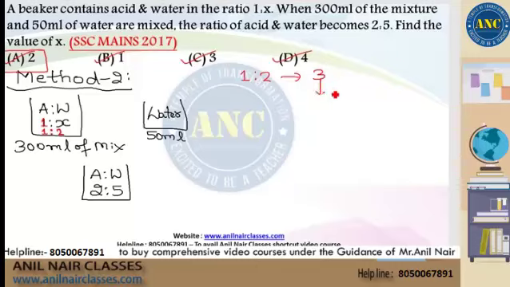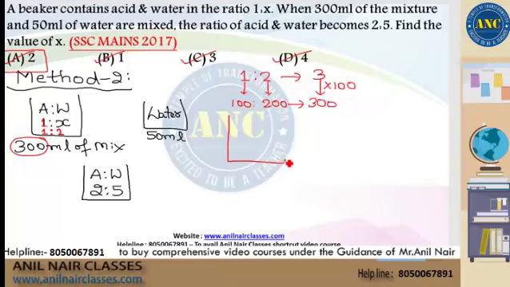But the question says the total mixture in the first vessel is not 3 ml, it is 300 ml. So multiply 3 by 100. 3 into 100 is 300, 1 into 100 is 100, 2 into 100 is 200. That means in my first vessel, 100 ml of acid and 200 ml of water are present. Totally it is 300 ml.